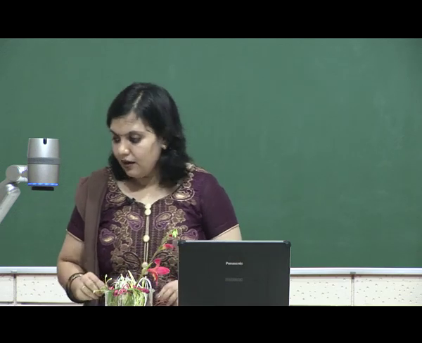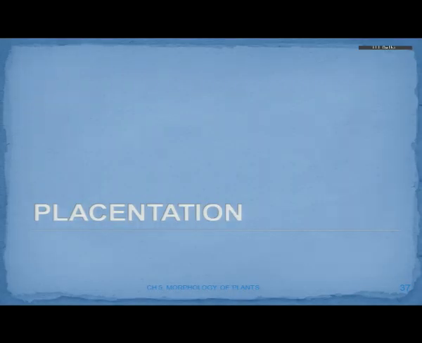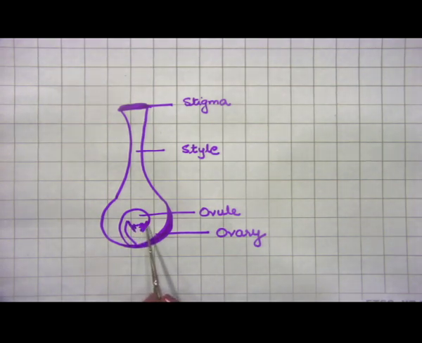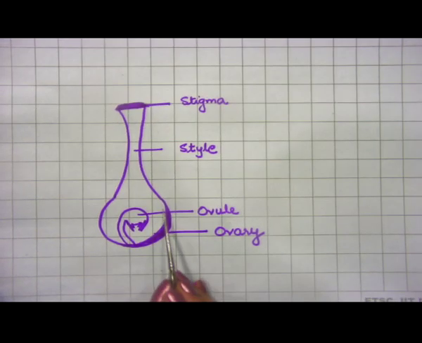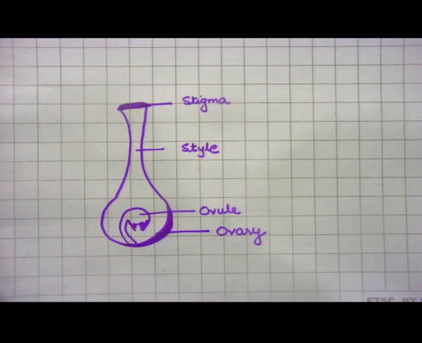Now, we will move back to the diagram of the ovary that we had just made. We had talked that each ovary bears one or many ovules, but ovules do not arise haphazardly inside the ovary.